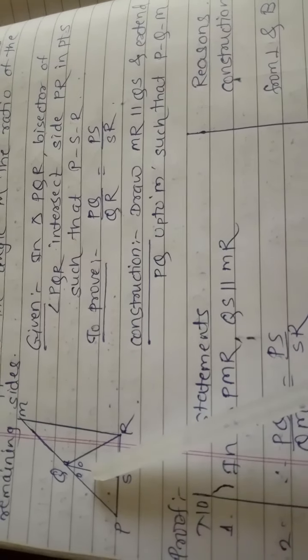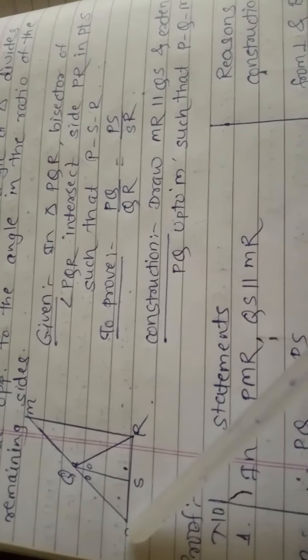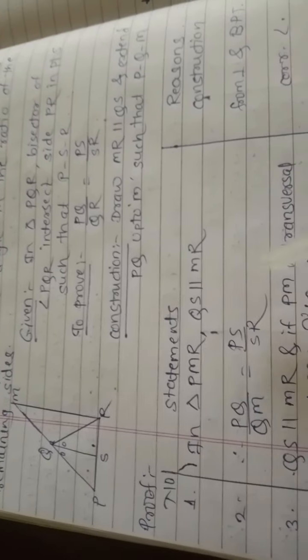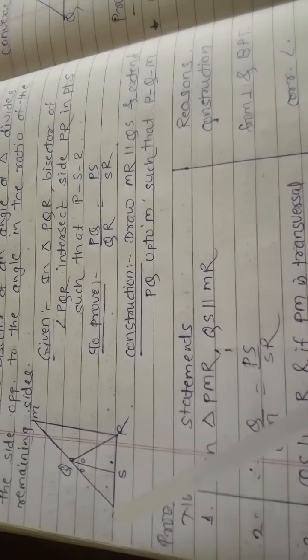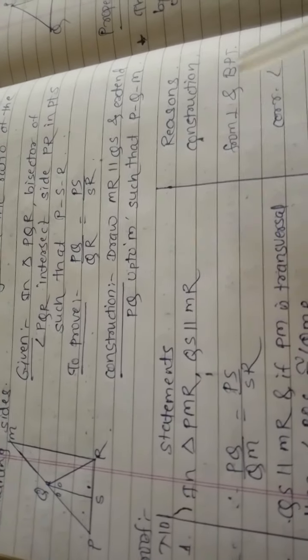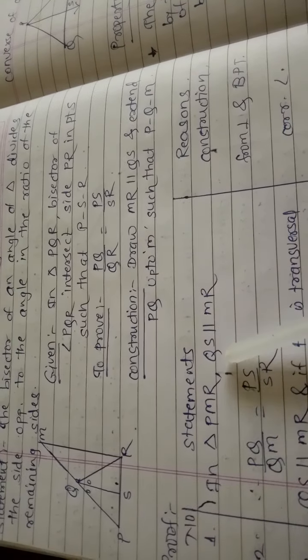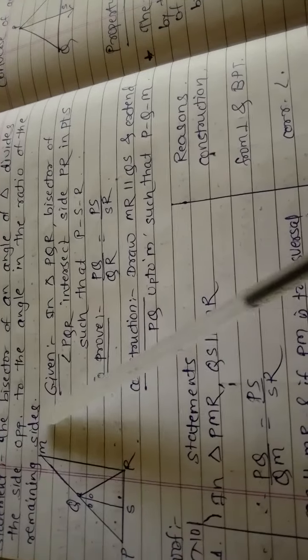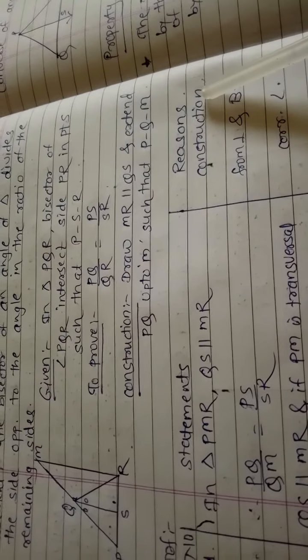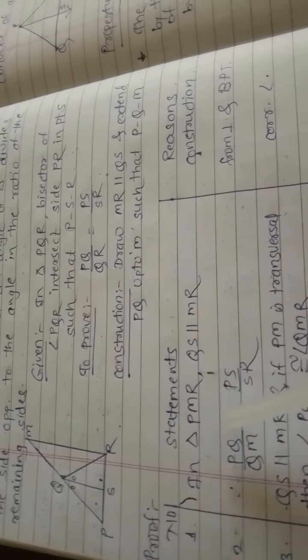So since QS is parallel to MR, the ratio of these two parts, that is PQ upon QM, is equal to PS upon SR. This is from BPT. In the first statement we wrote that in triangle PMR, QS is parallel to MR, given in the construction, so we write the reason construction, and the second statement by BPT.